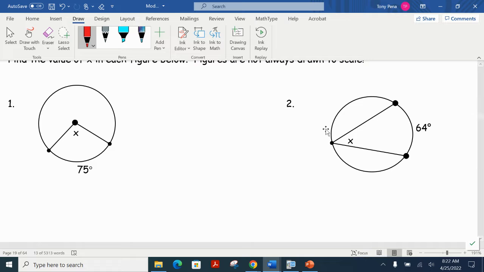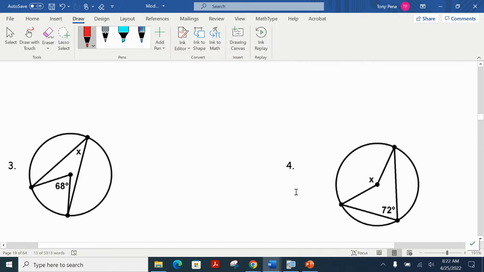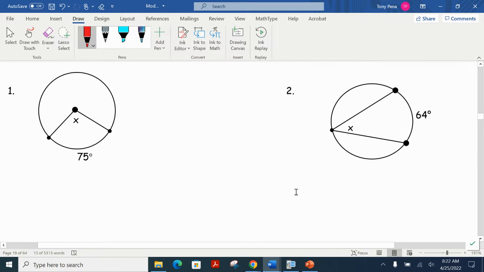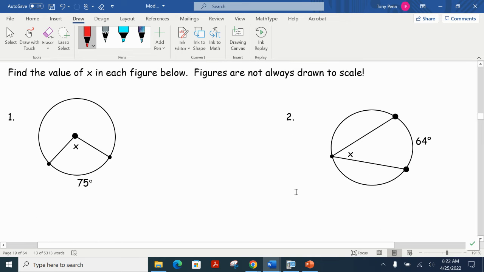Okay, do 1, 2, 3, and 4. One and two are basic rules. 3 and 4, you're going to kind of put those together. Old ones, see what we remember.